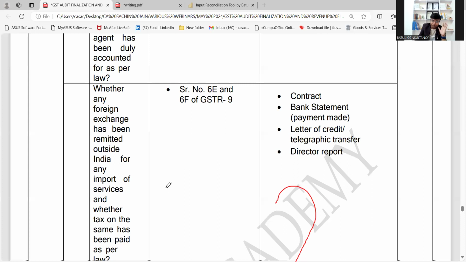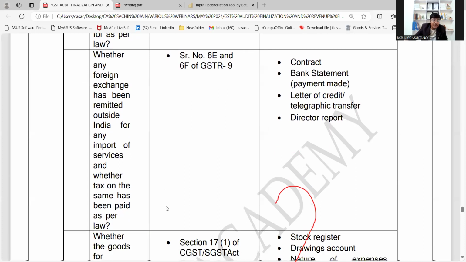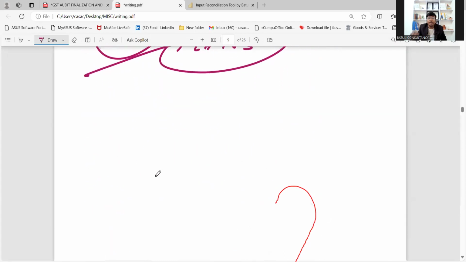information. Now, check whether any foreign exchange has been remitted outside India on import of services. As we all know, in case of import of goods or services, GST will be applicable under reverse charge mechanism.